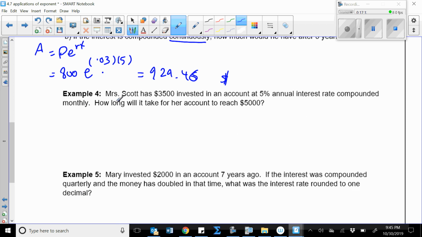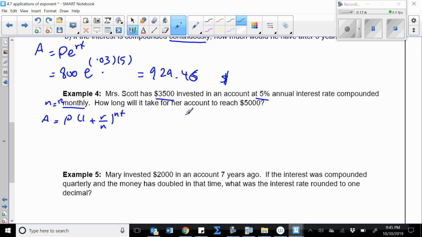Okay, let's do the next problem. Miss Scott has $3,500 invested in an account at 5% annual interest rate, compounded monthly. So this word monthly tells me that I need to use this formula, and it's monthly, that means n is 12 here.